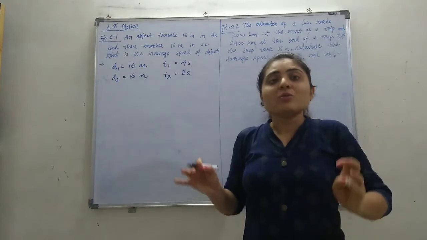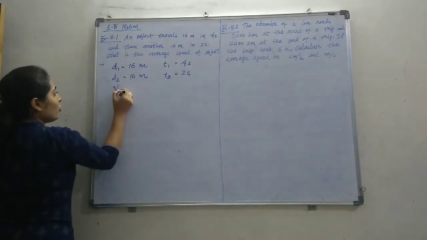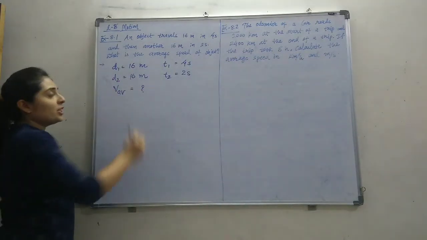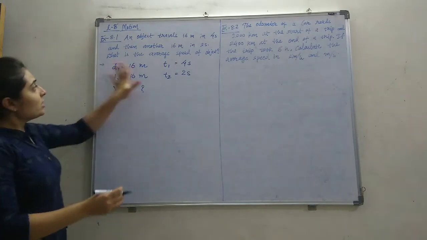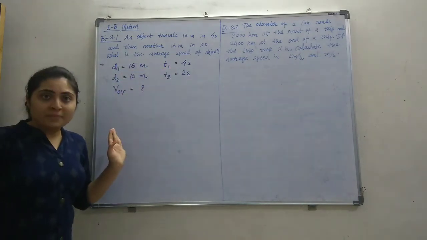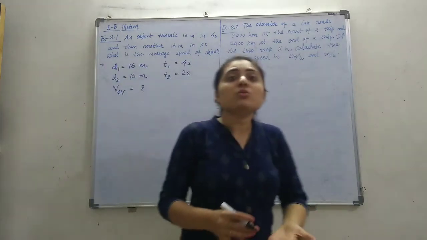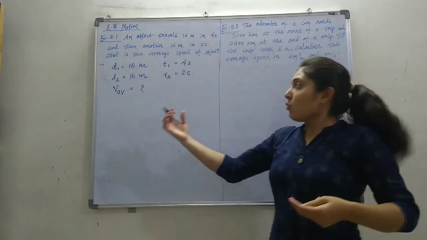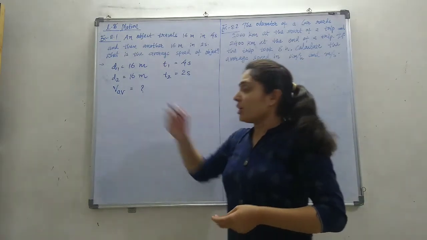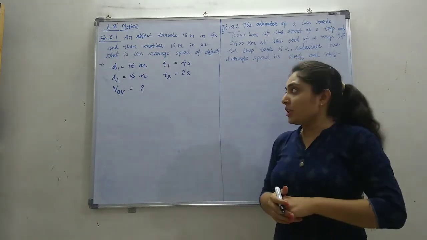We need to find out the average speed, V average. This is called listing out the data. It gives you the idea which formula we need to consider and what we need to find out.